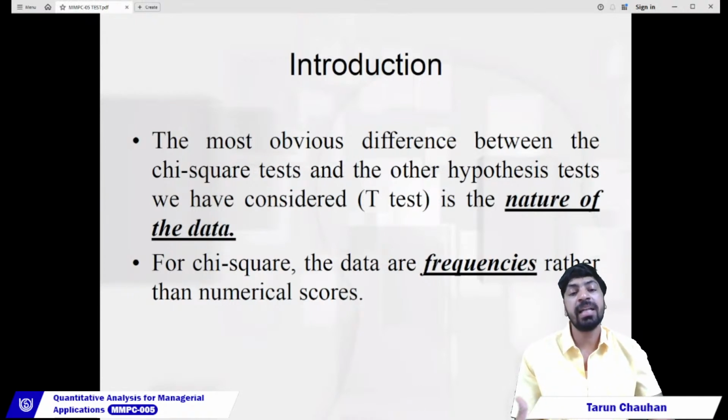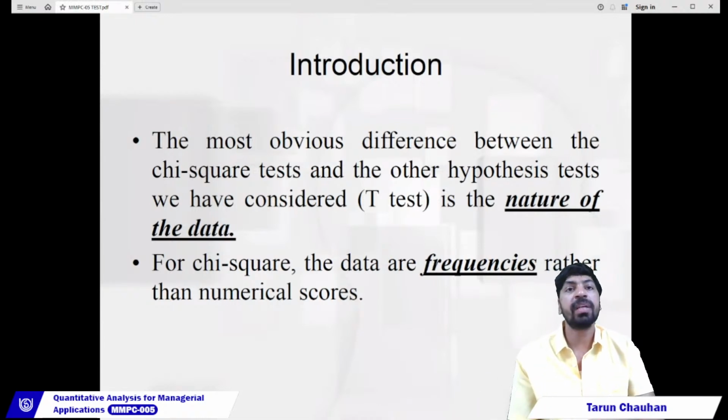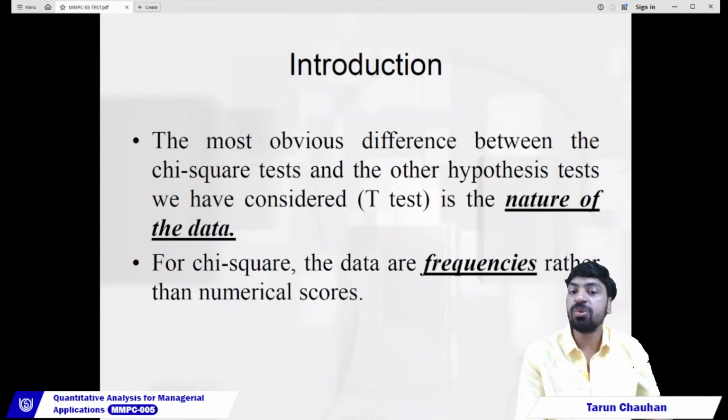That is the difference between the chi-square test and the t test, f test, z test, or Mann-Whitney test, where the class intervals with their respective frequencies are measured. But in the chi-square test, the data are mainly measured in frequencies.